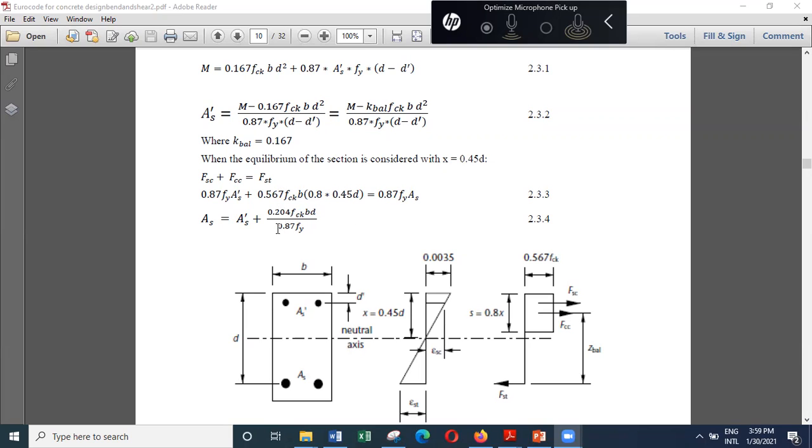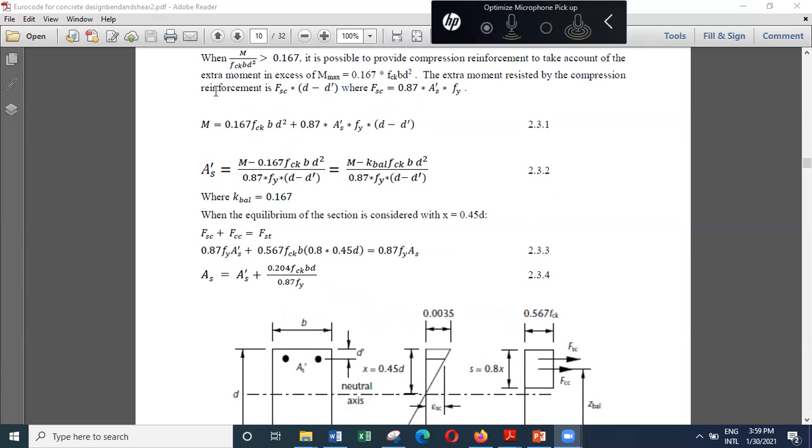So this way you can straight away find the reinforcement requirement for a beam carrying a moment in excess of the maximum that can be carried as singly reinforced. So you can straight away find the area of compression steel and area of tension steel when the section is having a moment in excess of what the section can carry as singly reinforced.